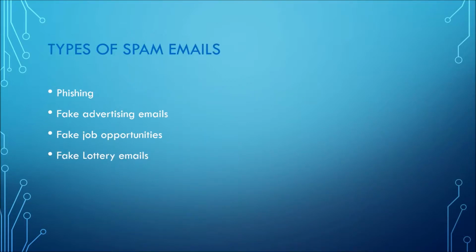There are so many types of spam emails which have gained significance recently, but let's discuss the popular ones as part of this presentation. Phishing is a common type of spam email. Spammers usually send a fake URL of a popular bank or a social network site as part of the email.